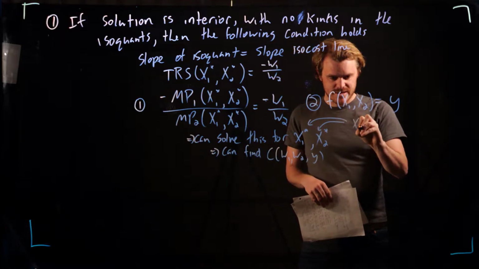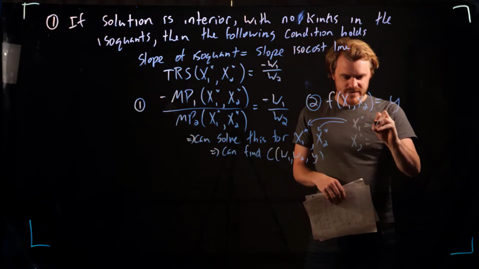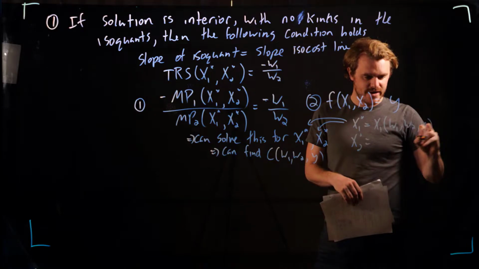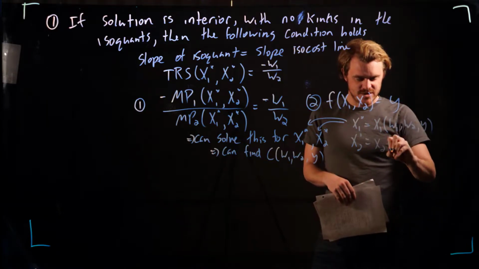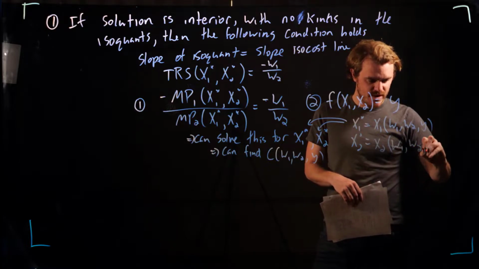So really, maybe it's better to put that x1 star is a function of W1, W2, and Y, and x2 star is a function of W1, W2, and Y.